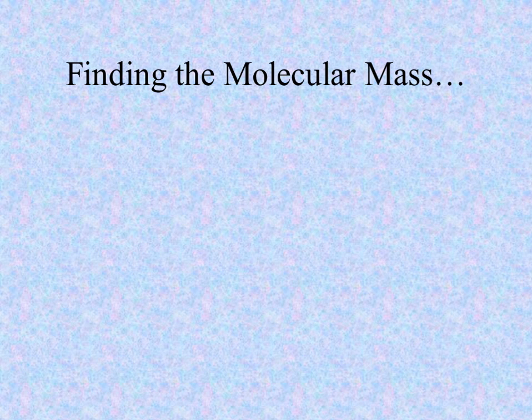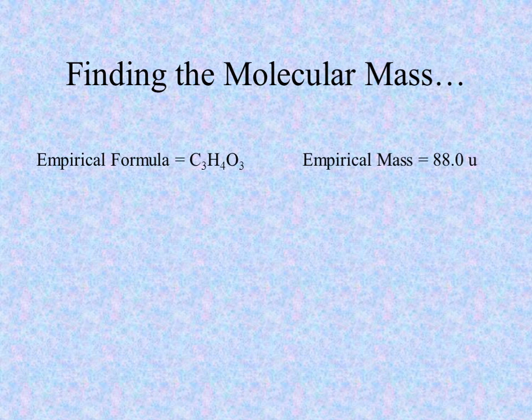Once we have the empirical formula, this last step really is very, very quick. Finding the empirical formula really is the bulk of the solving process if you have to do it. But once we have the empirical formula, we go to the periodic table, we use the atomic masses to determine the formula mass for this empirical formula, and in this case that comes out to be 88.0 atomic mass units.